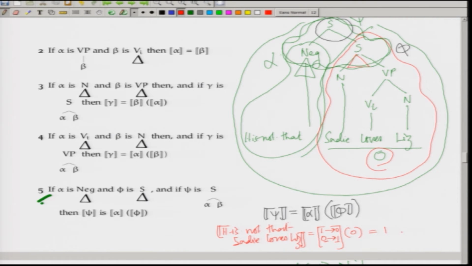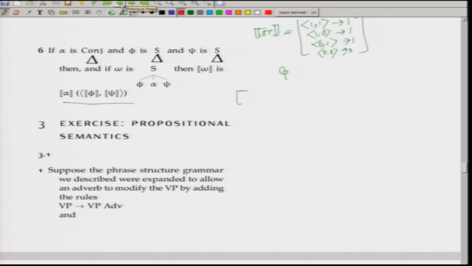So, for example, let us consider the first one. So what is the problem?